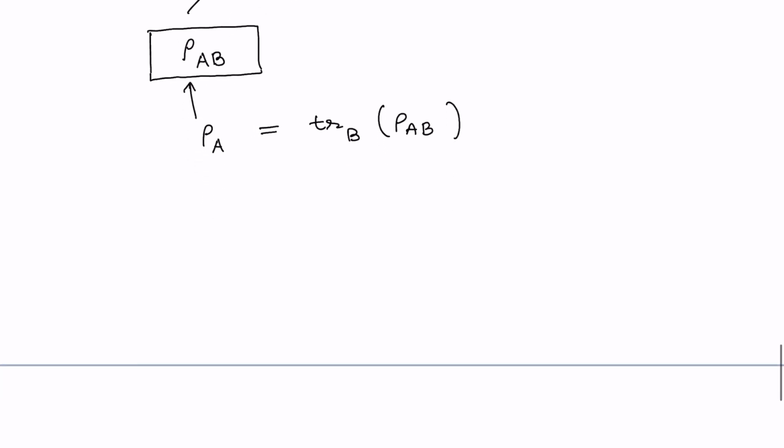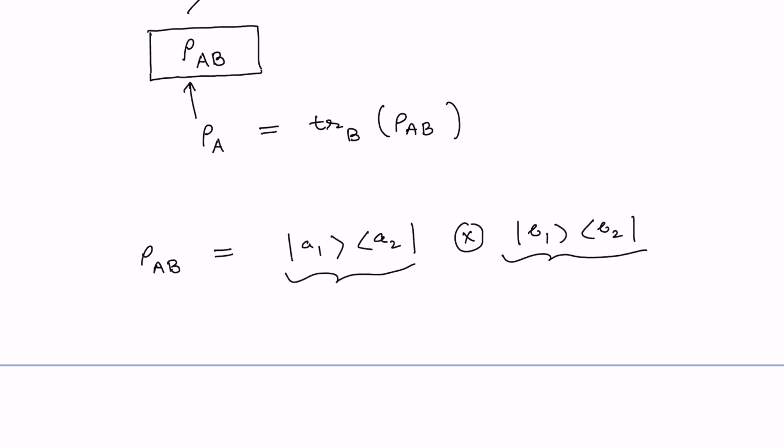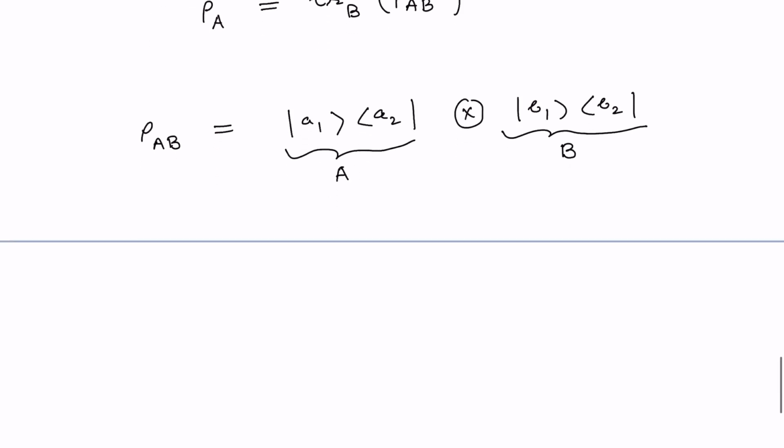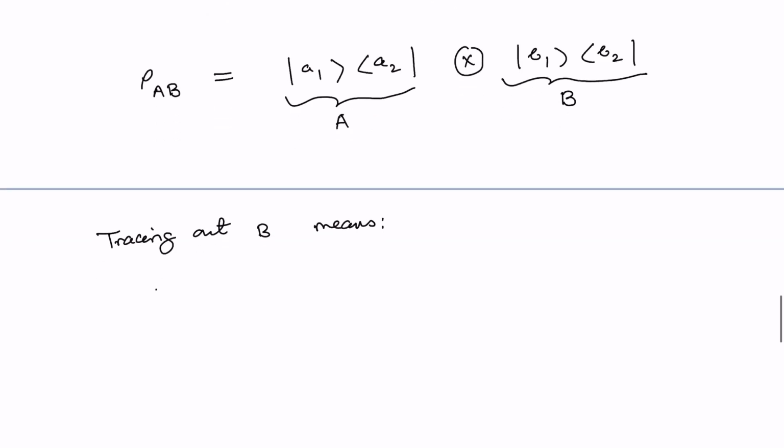Let us say we have this density matrix rho AB, and it is given in this form, say sum over A1 A2 of ket A1 bra A2, this part corresponding to system A, tensor product with ket B1 bra B2, this part corresponding to system B. And by tracing out B, we will just take the trace over rho AB.